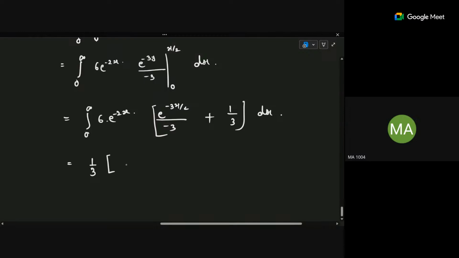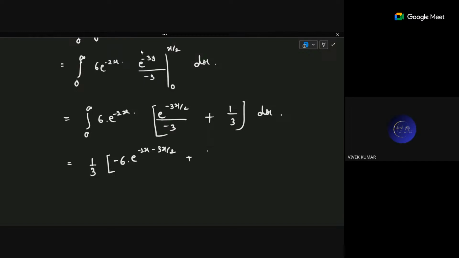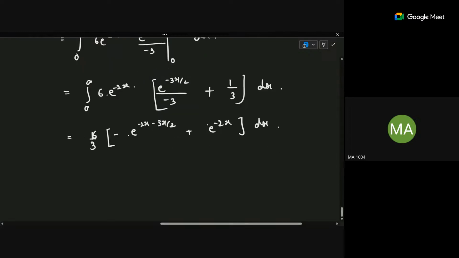It will be 6 into minus 6 into e power minus twice x minus thrice x by 2 plus 2. We can keep this 6 also outside, e power minus twice x, dx, the integral 0 to infinity.